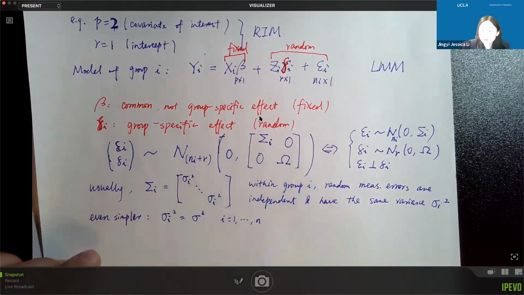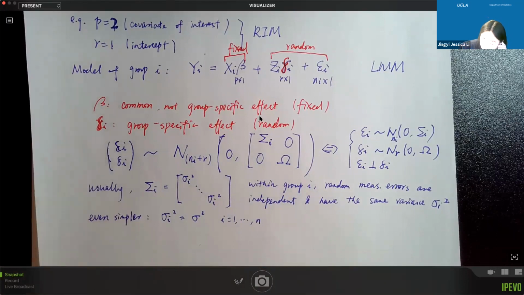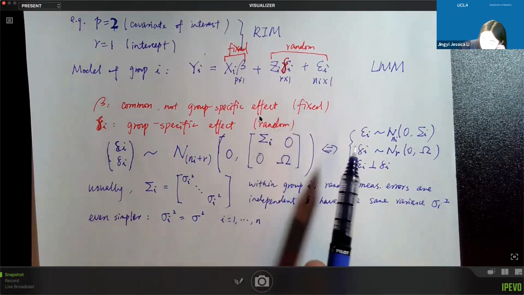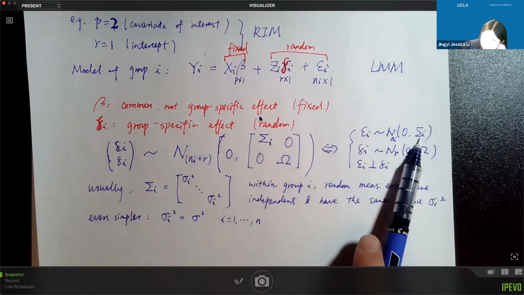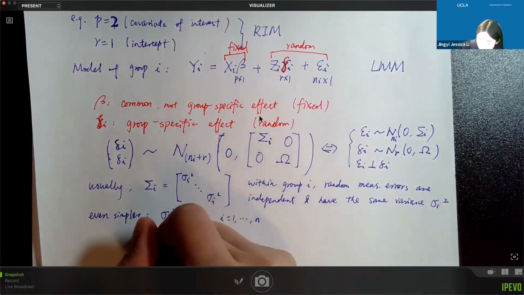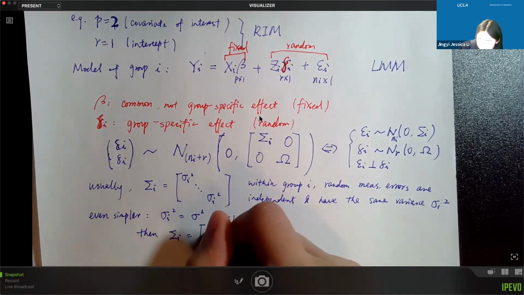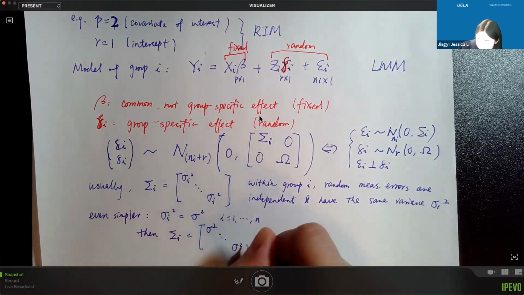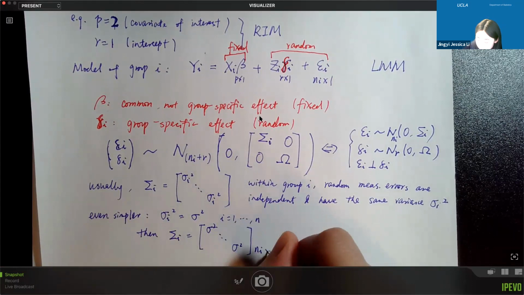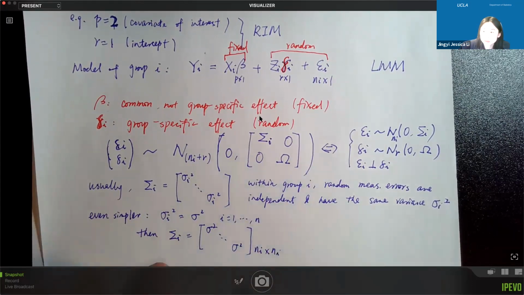In other words, across all groups, you assume their random measurement errors share the same variance. Then all the Sigma_i just become sigma squared times the identity, and this is n_i by n_i. I would say this is the most common case. We assume a common variance for all the random measurement errors.